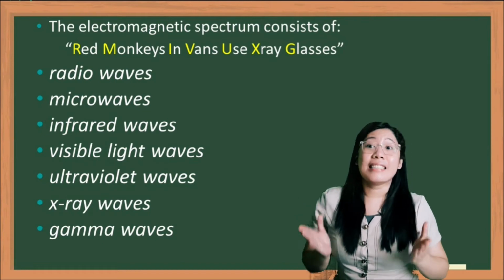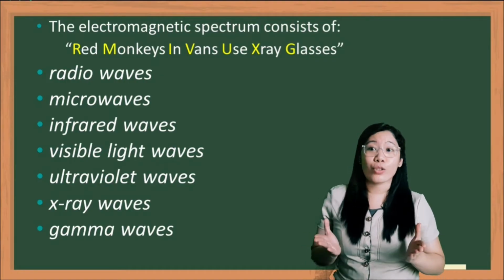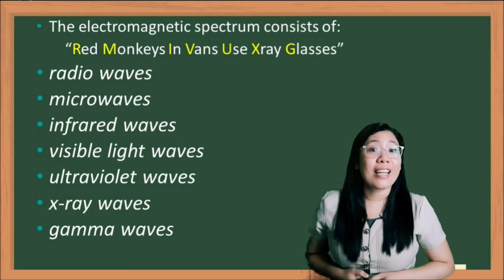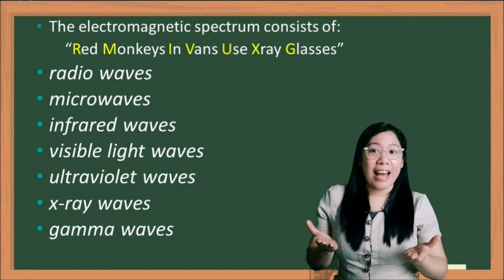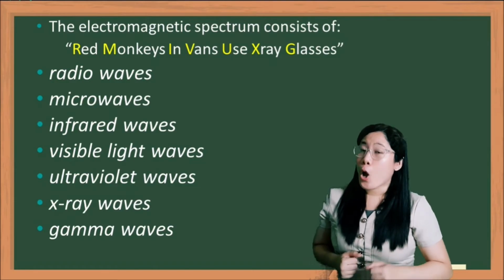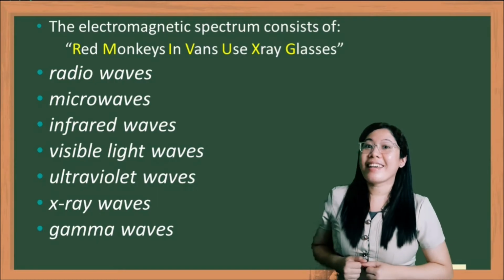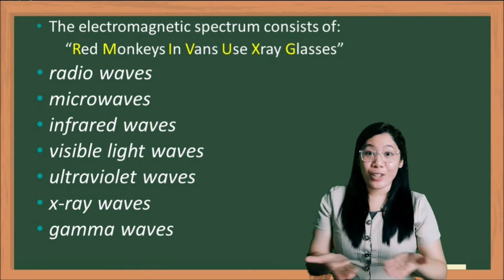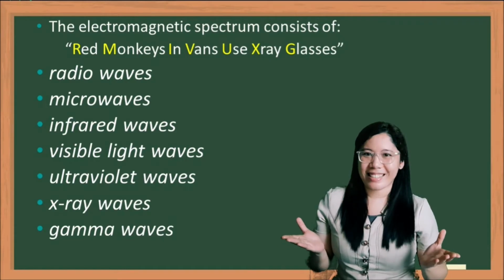All of these different types of electromagnetic waves can be easily remembered using the phrase: red monkeys in vans use X-ray glasses. Again, red monkeys in vans use X-ray glasses, so that it will be easy to remember the different types of electromagnetic waves in the electromagnetic spectrum.